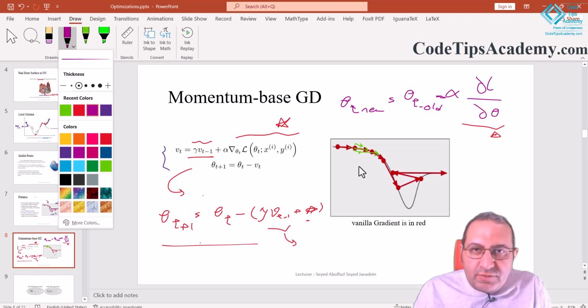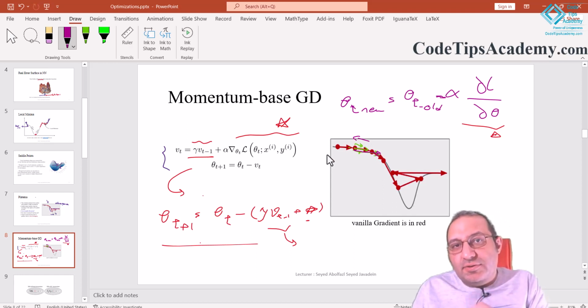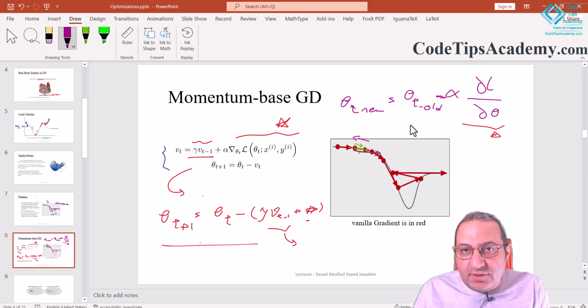We have a larger change here because the gradient is in this way, and minus the gradient is this way. But here we added speed.